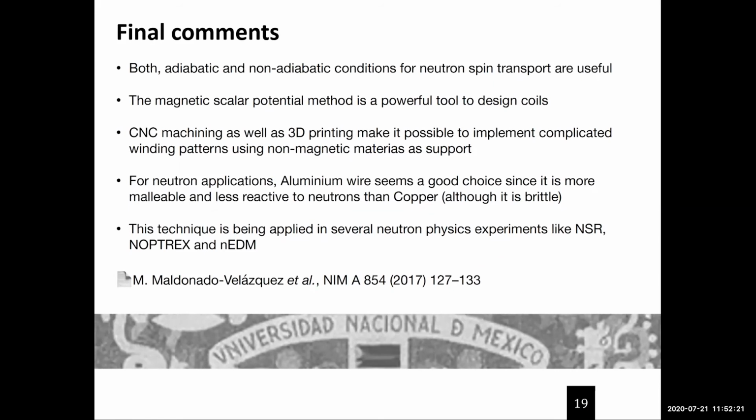Yeah, I think one thing we learned is it's very hard to precisely place the different planes that conform your coil. So we tend to think that maybe 3D printing is a better option. Maybe you can print already all the faces of your coil.